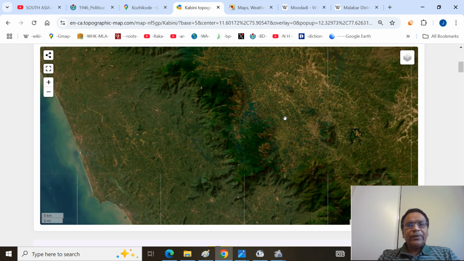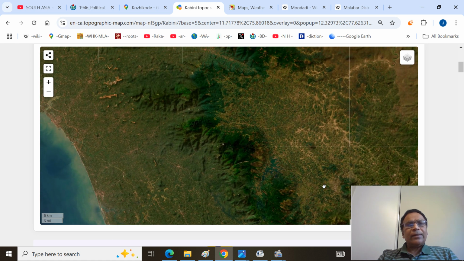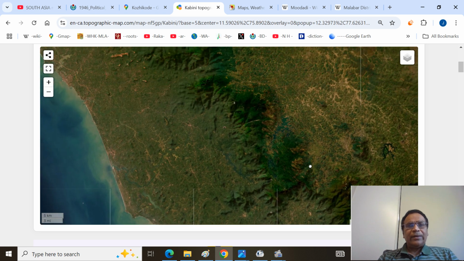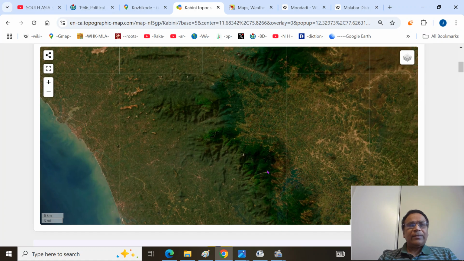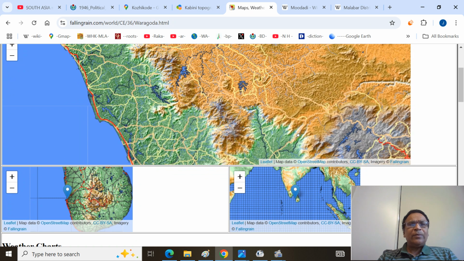This is the Kutiyadi Pass, the Tamaraseri Pass. So this is the Uvalmala. This is the Uvalmala. We'll talk about it some other time. So we can see this with a little more clarity here.